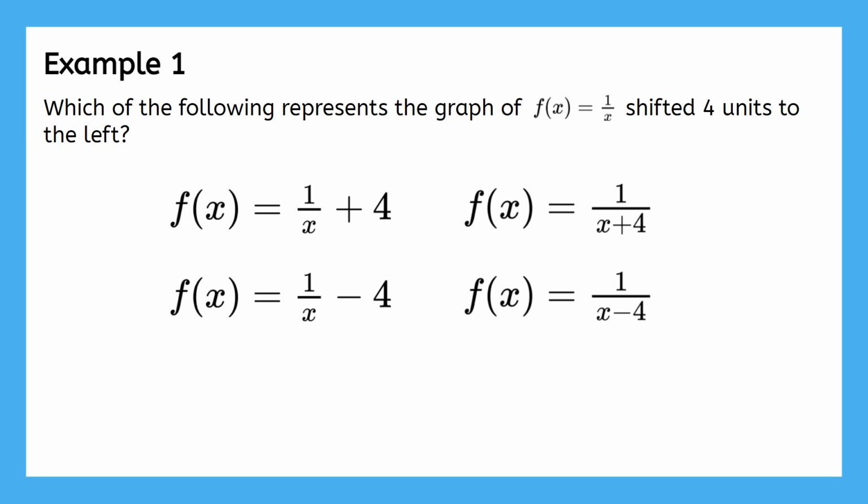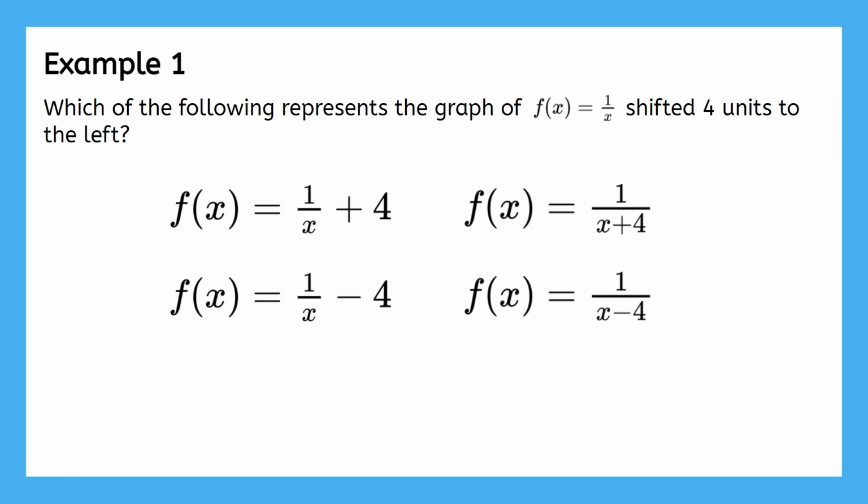All right, time to try out some examples. Which of the following represents the graph of 1 over x shifted 4 units to the left? Can you see which of the answers is correct? Remember that horizontal shifts happen where the x is located in the expression. This rules out the 2 answers on the left.